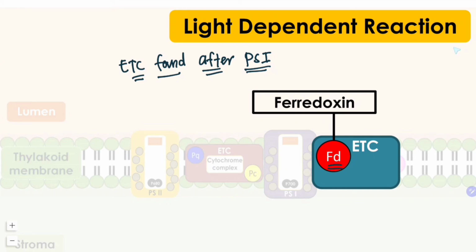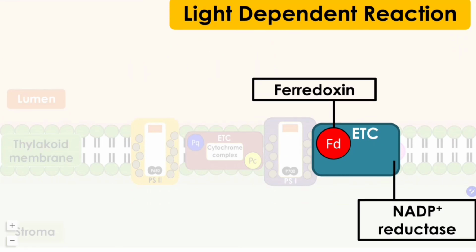There are no cytochrome complexes. The last component is an enzyme called NADP+ reductase. As the name suggests, this enzyme is involved in a reduction reaction that reduces the NADP+ molecule into NADPH. That's it for 6.1 Introduction to Photosynthesis.